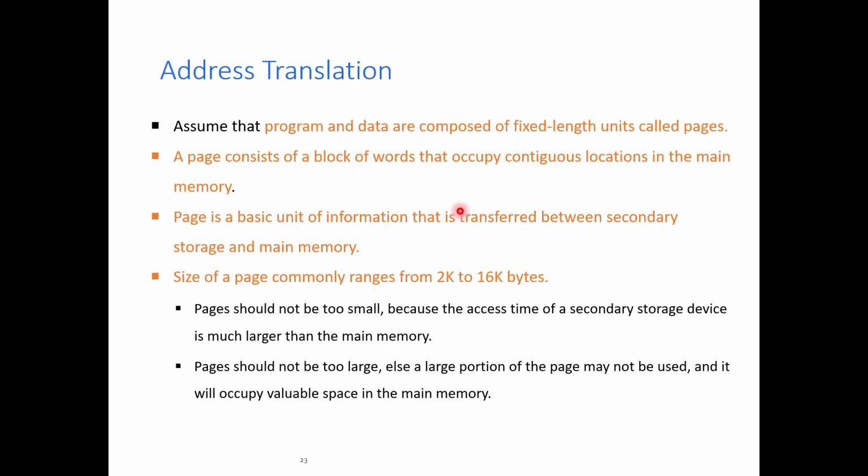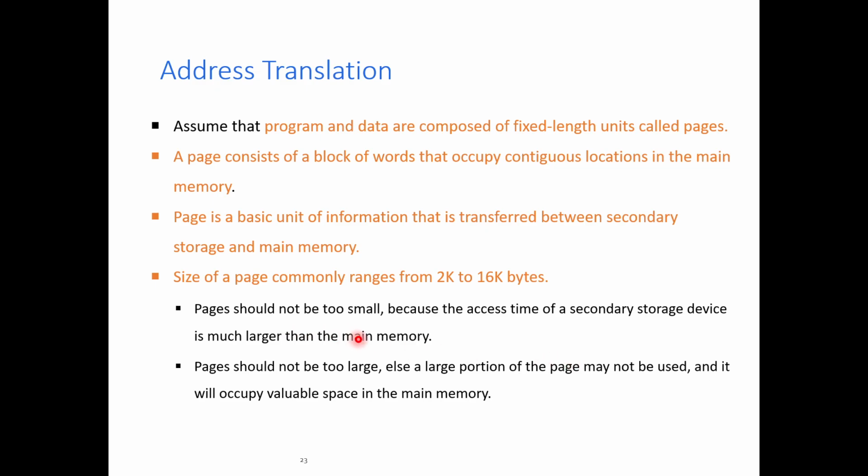Here we have a set of units called pages. A page consists of a block of words and occupies continuous locations. The page is the basic unit of information transferred between secondary storage and main storage. You can bring one page of information from secondary to main memory. The size of a page can be from 2K to 16K bytes.